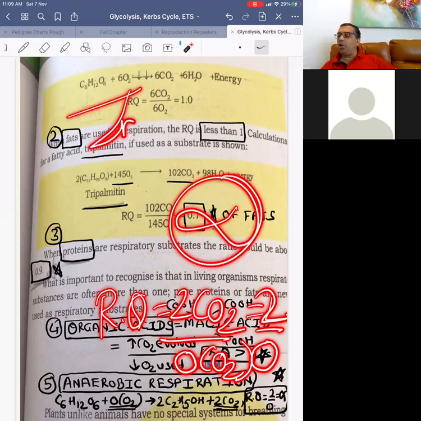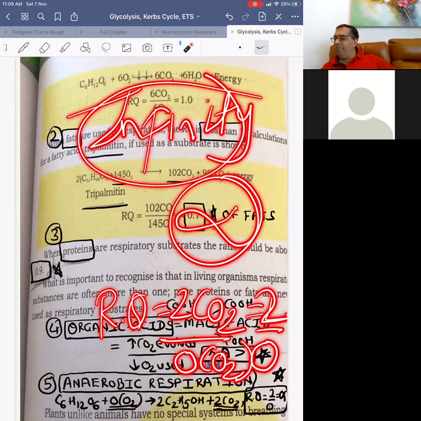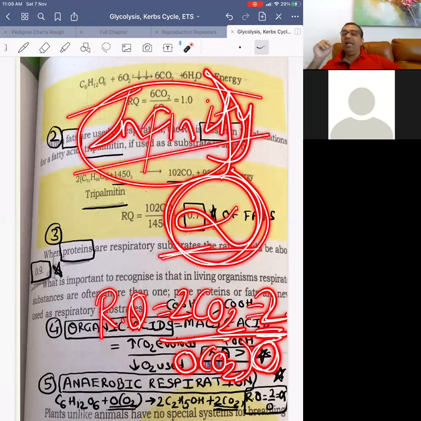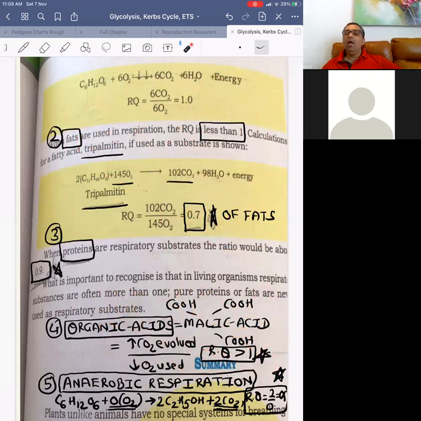So how much is the RQ of anaerobic respiration? RQ of anaerobic respiration is infinity.